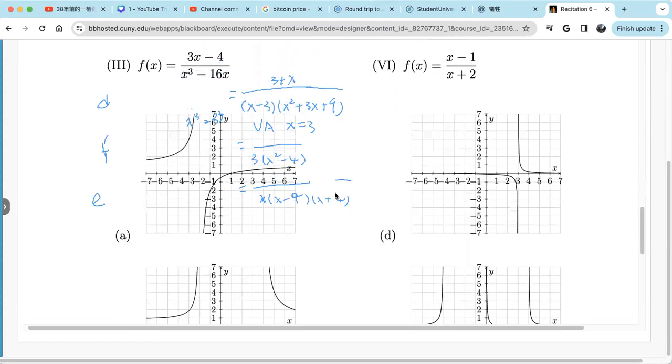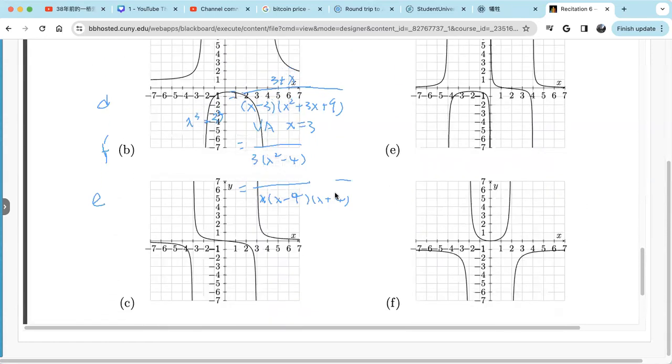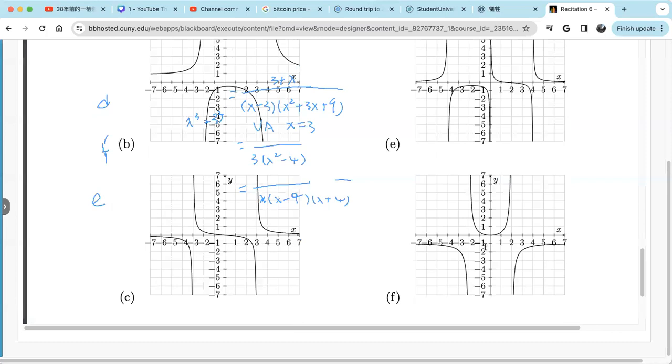We're looking for 3 and negative 3. F? Oh no, not F. F is 2 and negative 2. Oh, here. C. The vertical asymptote at 3 and vertical asymptote at negative 3. So that's C.